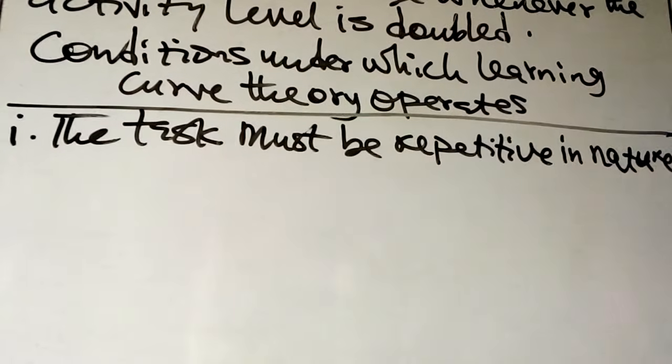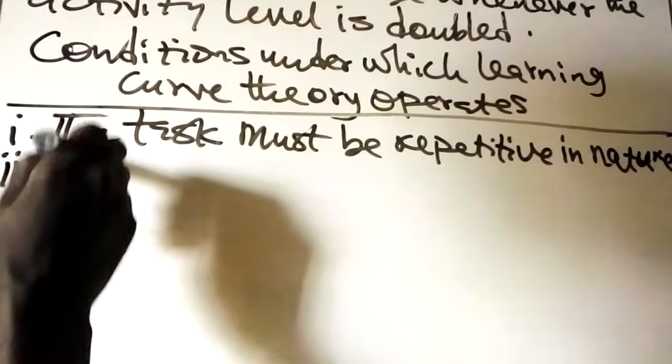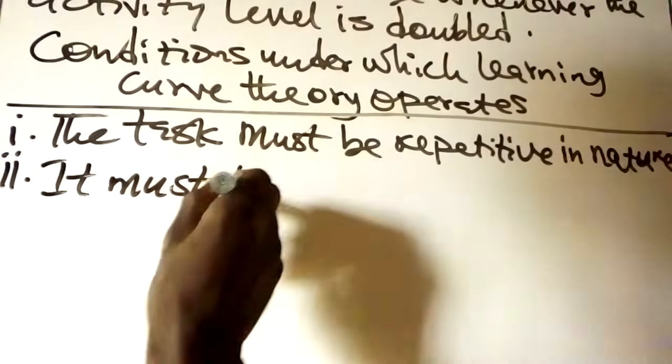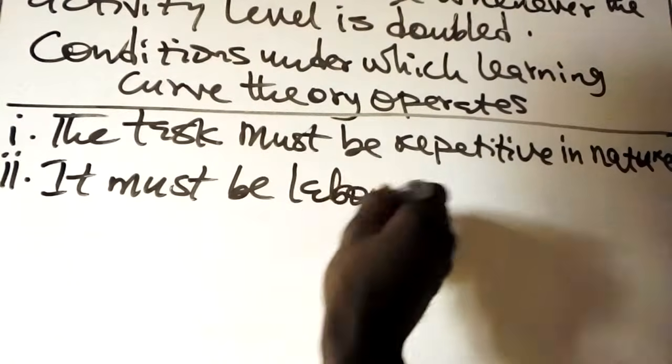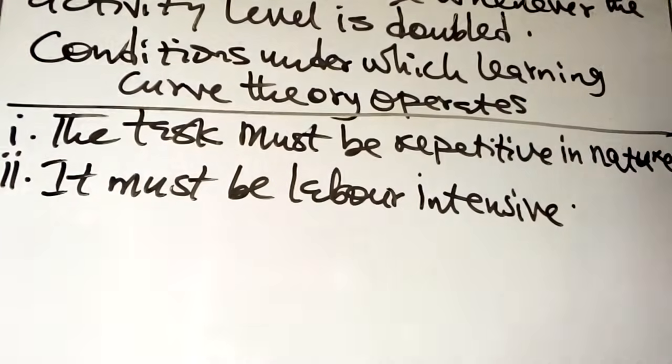Number 2, the task must be labor intensive, where most of that job will be carried out manually with the use of manpower. That means the speed of that labor is not being dictated by the machines.